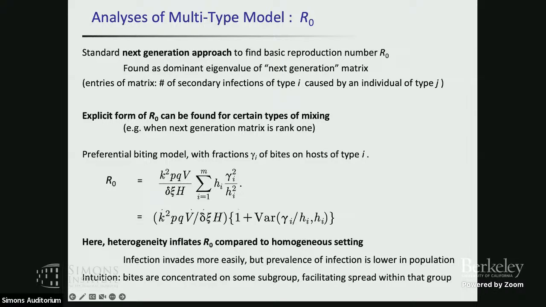So you can write down the basic reproduction number, and then you can do some manipulation and put it in this form, where we have the product of the reproduction number if we had a homogeneous, well-mixed system multiplied by an inflating factor, which is 1 plus the variance of these biting fractions. So in this case, heterogeneity inflates the reproduction number compared to the homogeneous setting. This is a standard result that we know from the spread of sexually transmitted infections. It's exactly analogous to that.